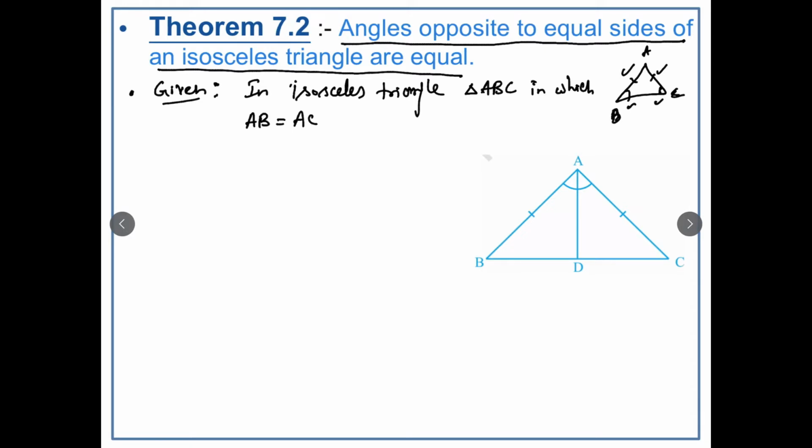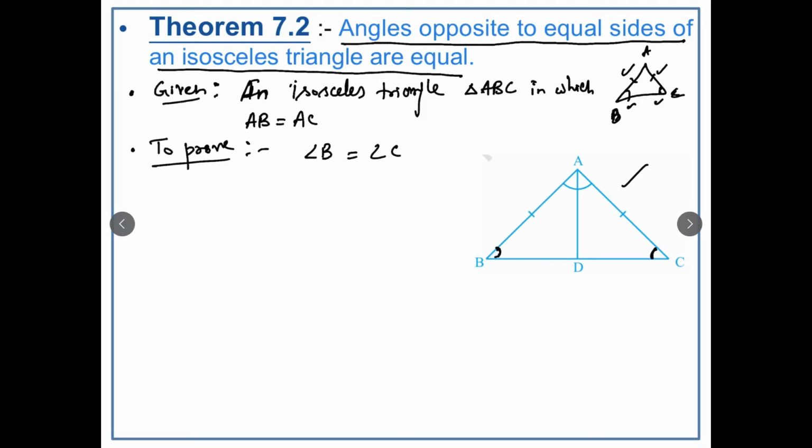You can refer to this figure. We have to prove that angle B, which is the angle opposite to side AC, this one, is equal to angle C, which is the angle opposite to side AB, this one.